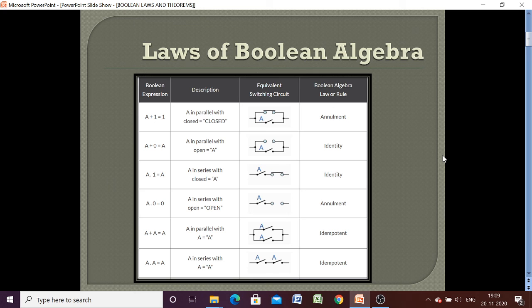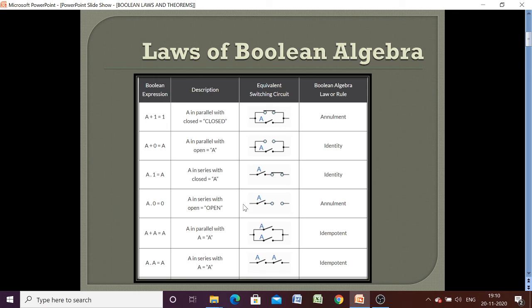We have a table in which we can see some rules that are defined in Boolean algebra. Let us discuss them one by one briefly, then in detail. The first rule, the annulment rule, says that if we OR 1 with a logical variable, the result will be 1 itself.